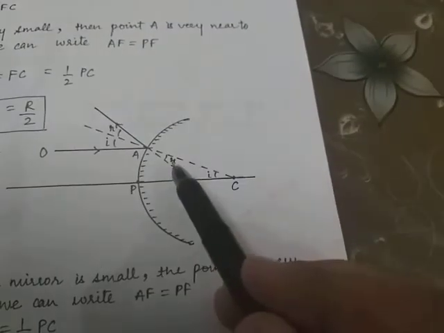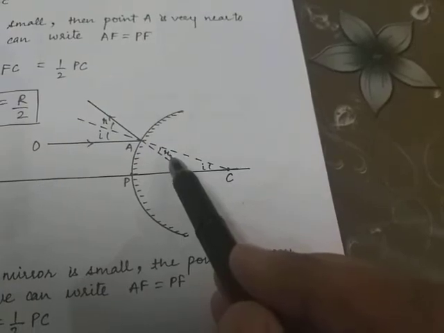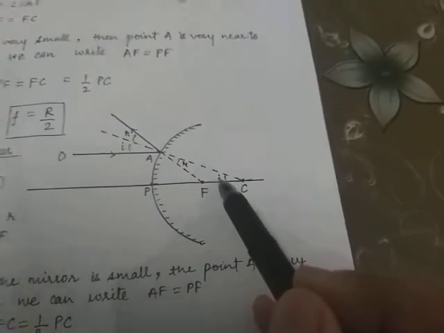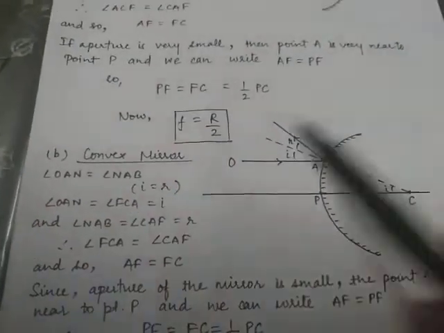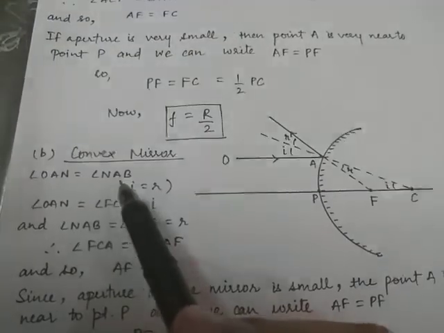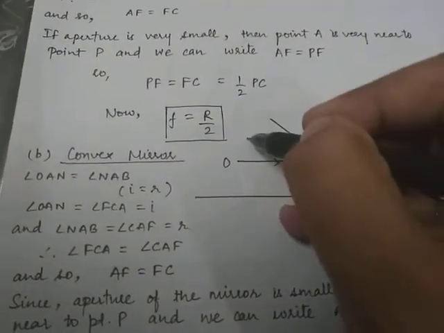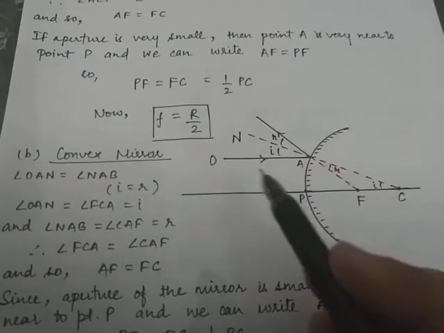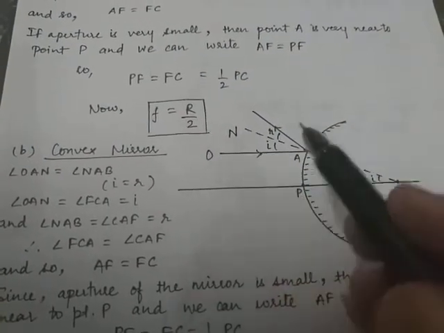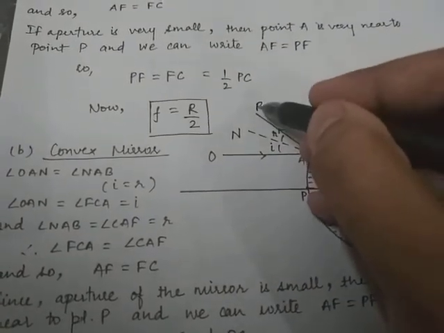So again this angle will be R, that is vertically opposite angles. This angle is I and this angle will also be I. They are corresponding angles. So in the derivation we can say angle OAN is equal to angle NAB.